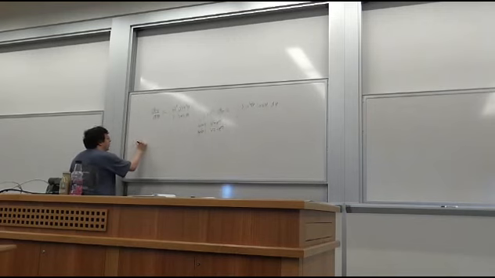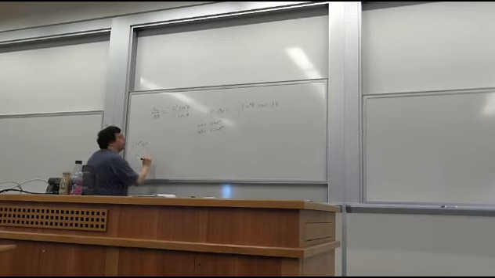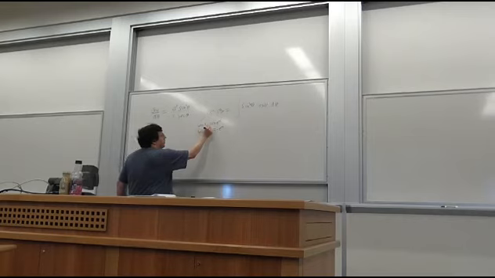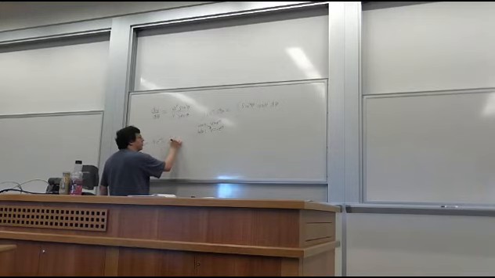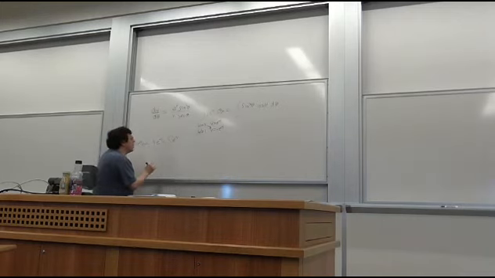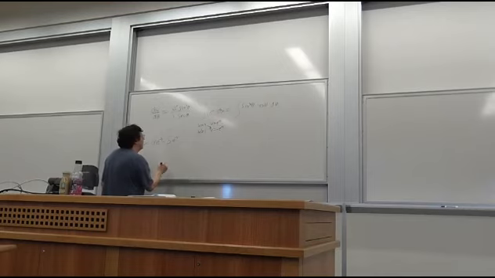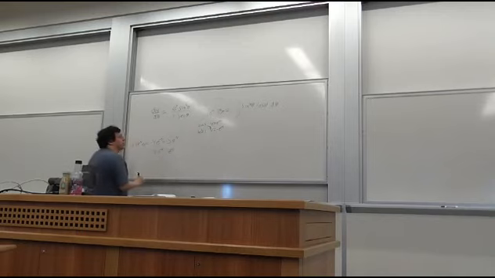Integral y e to the minus y dy equals negative y e to the minus y minus the integral of this, which is just plus e to the minus y. So minus y e to the minus y minus e to the minus y. Okay, that's the left side.